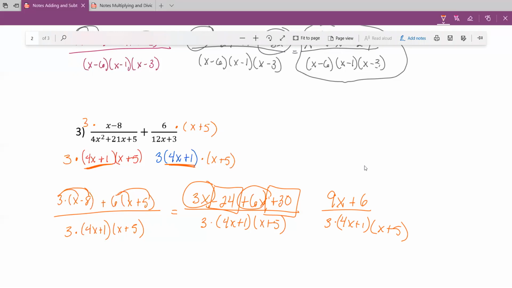Now this one can still simplify on the top. I can still factor that top. The greatest common factor of 9 and 6 is 3, which would leave me 3x plus 2.